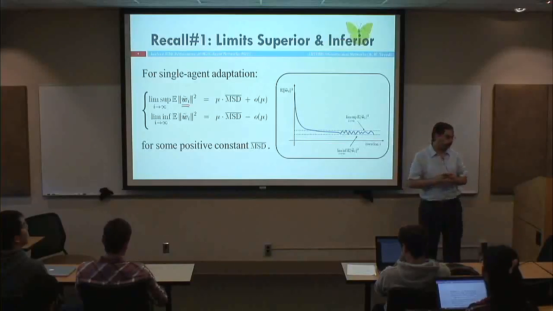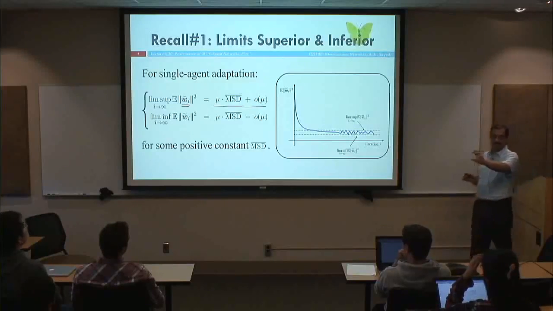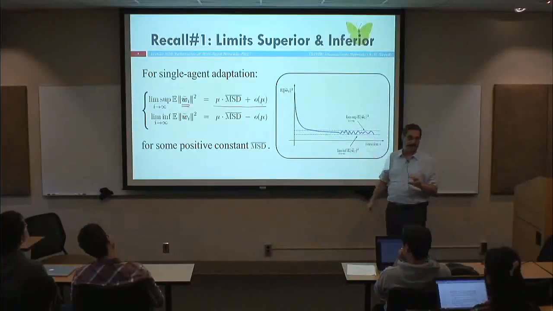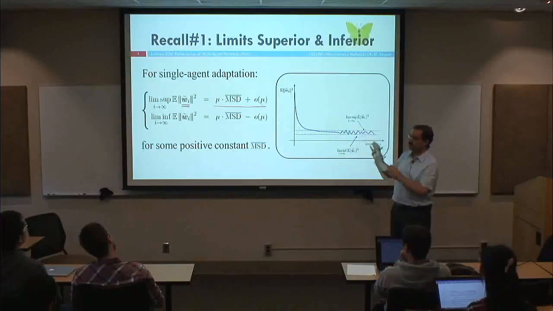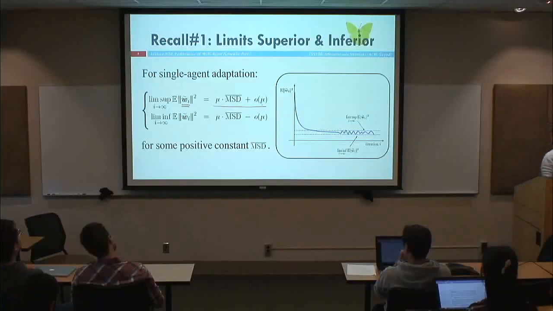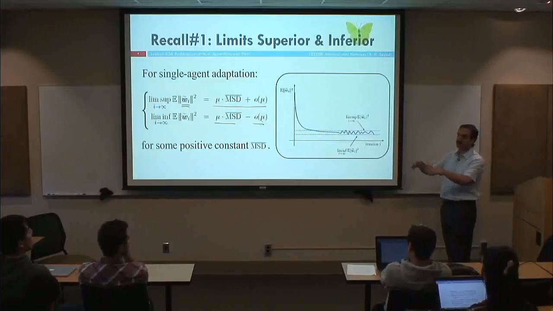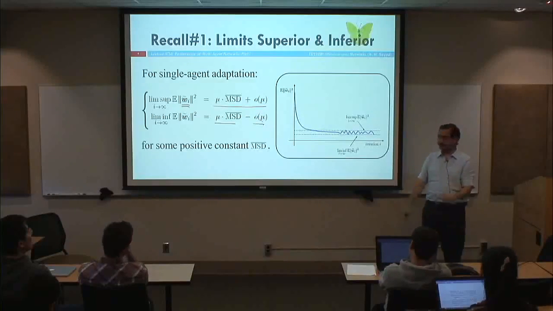We are going to show that the lim sup of that variance has this form: some step size mu max times some constant, I'm calling it MSD bar, plus higher order terms in mu, and I'm also going to show that the lim inf has a similar form. Remember that we showed this for single agent adaptation. I'm just trying to remind you that a similar concept will repeat itself here.